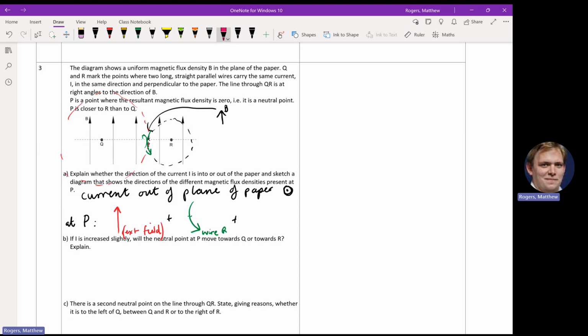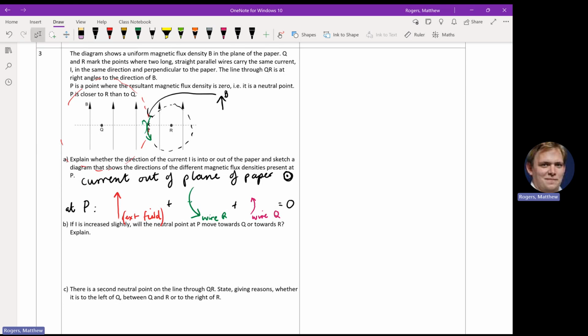So wire Q, also right-hand grip rule, so it's going to be going up, but it's going to be much weaker than the one from wire R. So that's wire Q. And what it tells us is at point P, these 3 do add up to 0. So I think that's a reasonable diagram to show it.